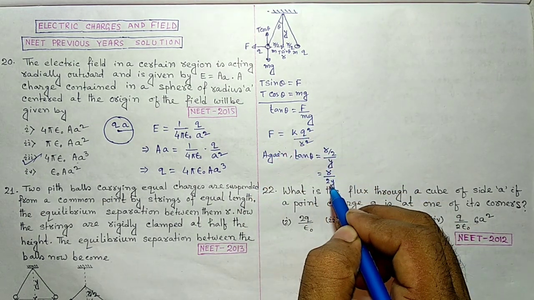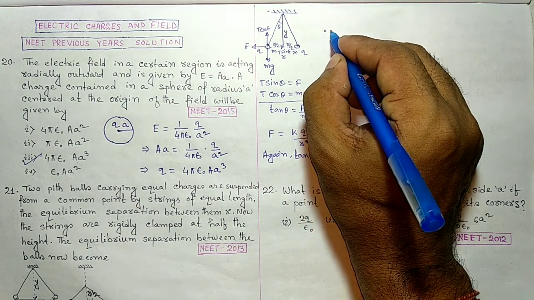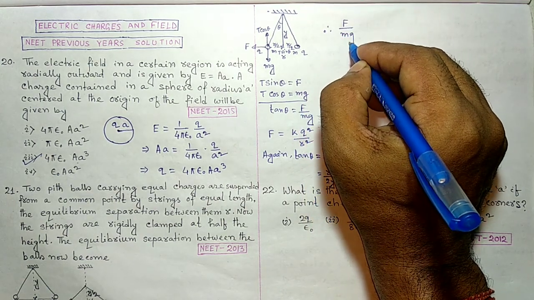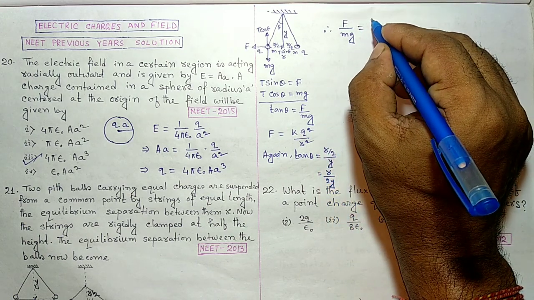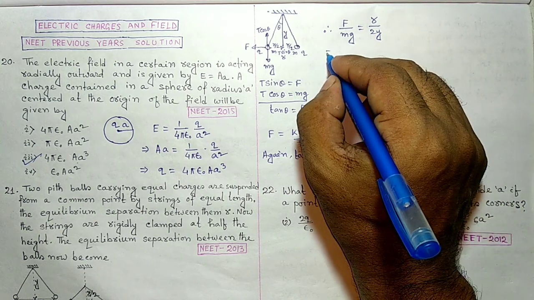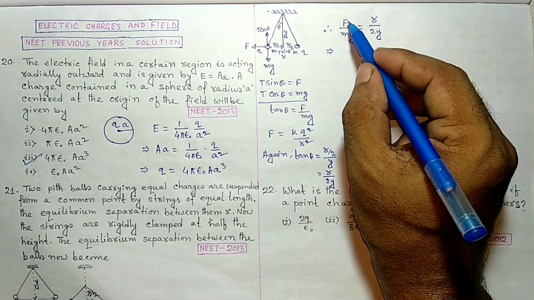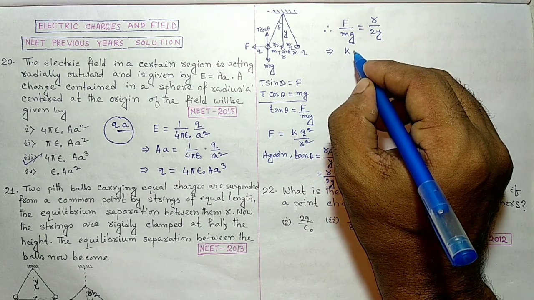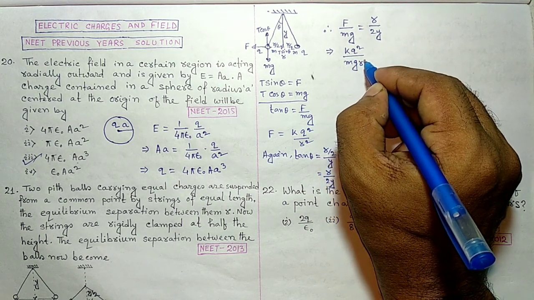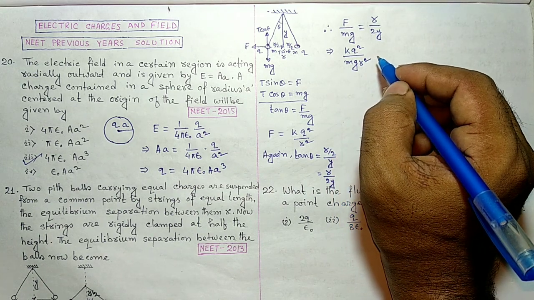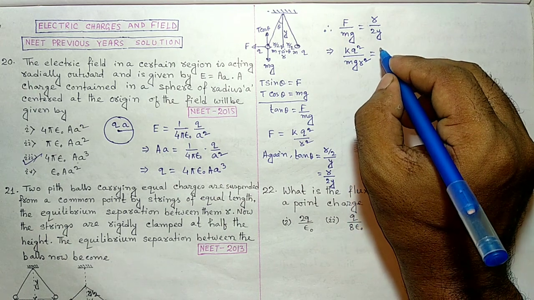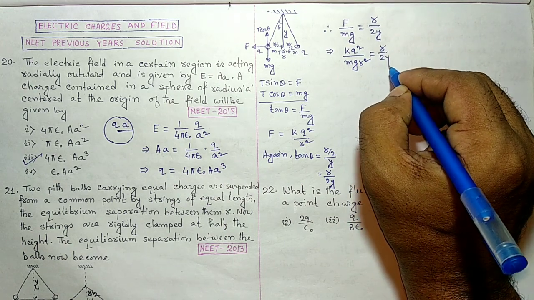This is also tan theta, r by 2y. So we can write F by mg is equals to r by 2y, or putting the value of F, k q square divided by mg r square equals r by 2y.